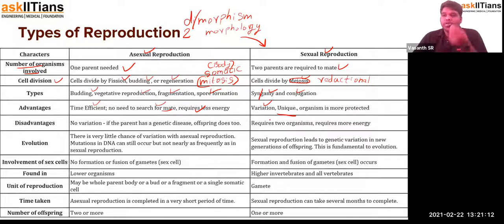So how? I know that most of the people enjoying this class would have a cousin, or a blood brother or blood sister, a sibling. Both of you are born to the same parents, but you don't look alike. How? Because this is where meiosis plays its role.